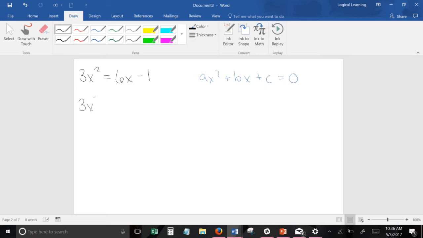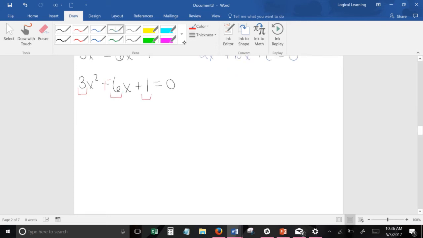So 3x squared, subtracting 6x from each side, we get minus 6x, and then adding 1, plus 1 is equal to 0. Now we're in this correct form, and we have our a is 3, our b is negative 6, remember this is plus minus, our b is negative 6, and our c is 1.